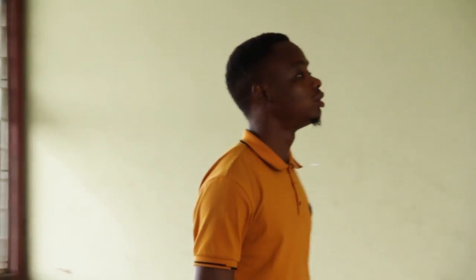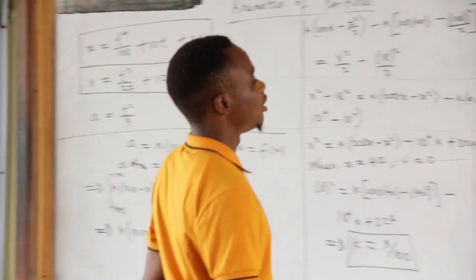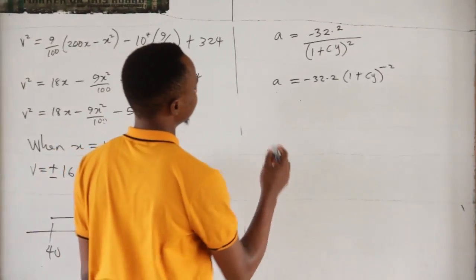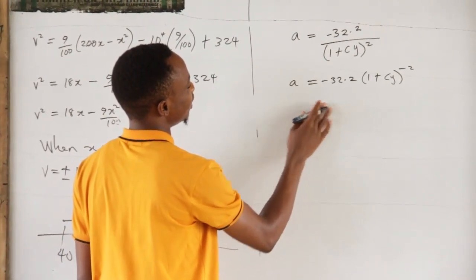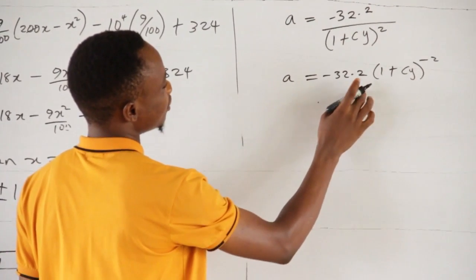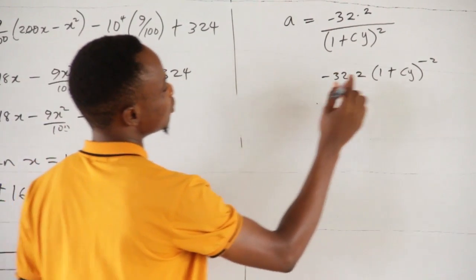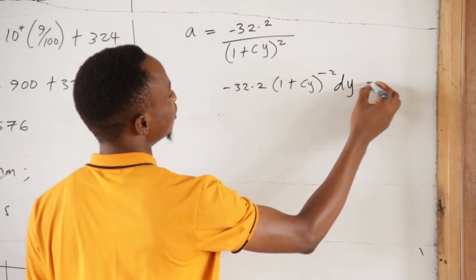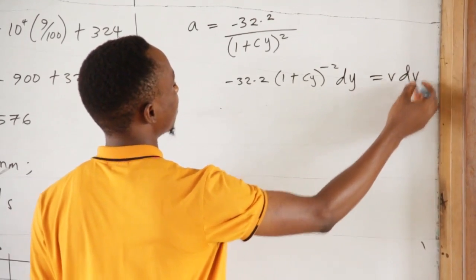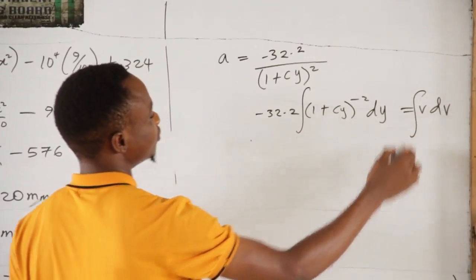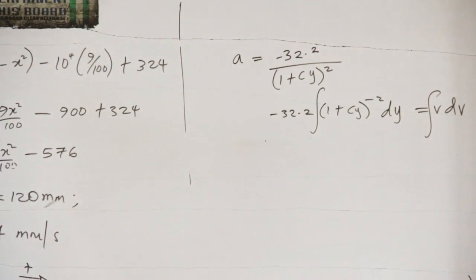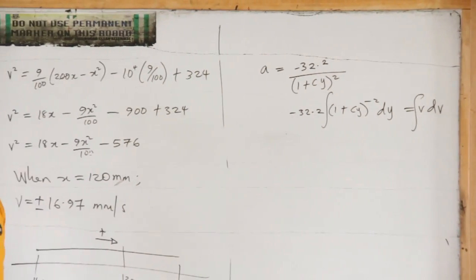That means dv over dy equals a. Do you understand what I'm doing? And the figure minus 32.2 over 20.9 is a constant, so no issue with it.